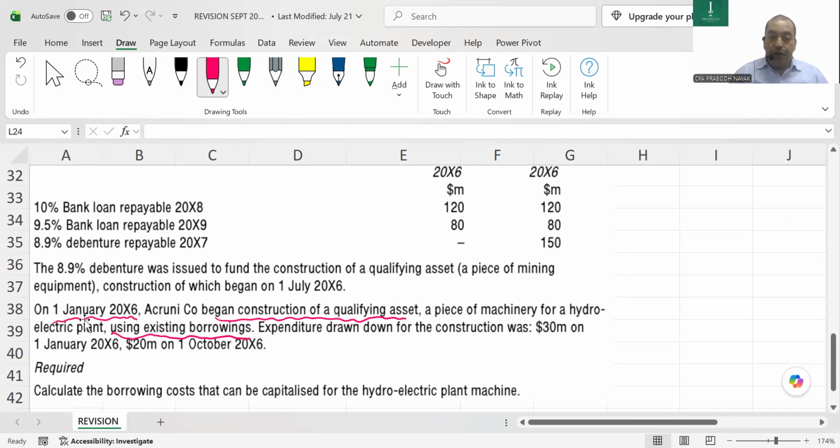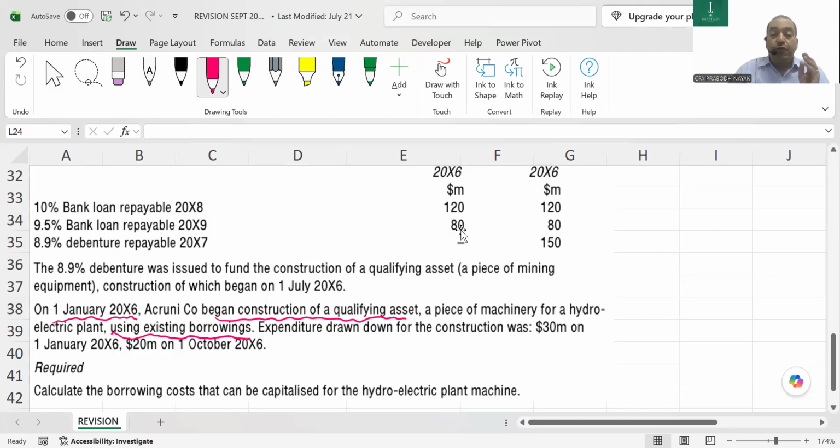Existing as on what date? As on 1st January. On 1st January, the existing loans are 120 plus 80. Only two loans are currently being used on 1st January.